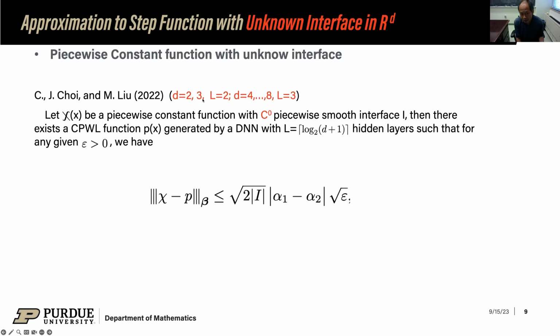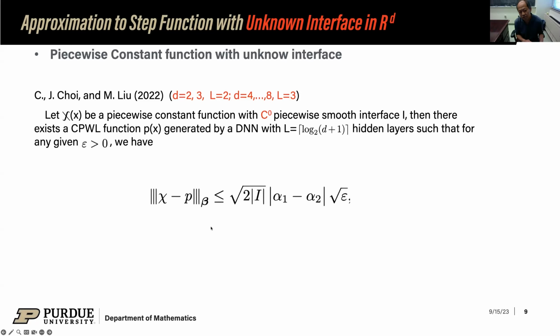In 2 and 3 dimensions, we only need 2 hidden layers. Now, if we are looking at continuum mechanics problems, then that's enough. So essentially, if I am only interested in approximating shocks, I only need 2 hidden layers. For some problems, if the space dimension is from 4 to 8, then we need 3 hidden layers.